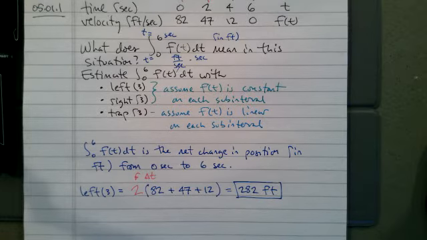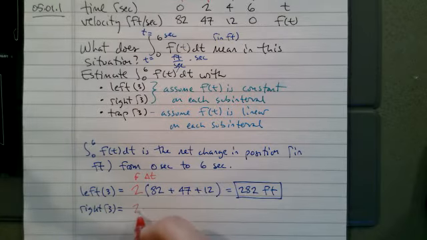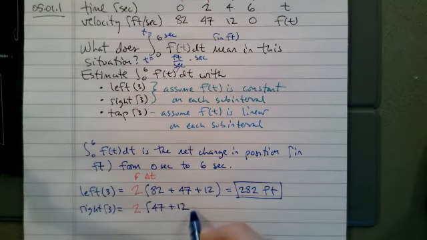The right endpoint will do a similar calculation, but instead of using the left endpoints, 82, 47, and 12, we'll use the right endpoints. So for the right 3 approximation, the delta t is still 2, and now I'll use all the right endpoints. So there's a 47, a 12, and a 0. So in that first 2 seconds, the right endpoint is a 47.